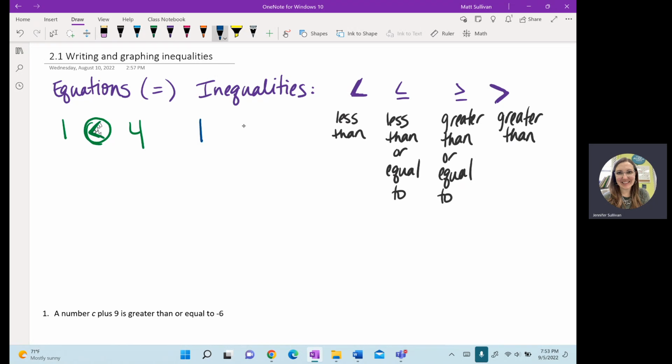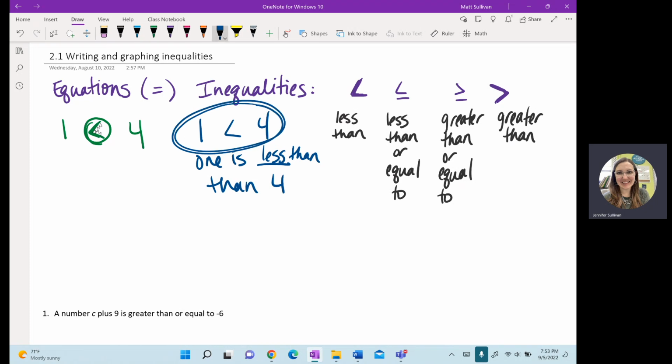If I was going to read 1 is blank than 4, is 1 less than 4 or greater than 4? Well, it's less than. So I started thinking of the name not so much in terms of matching it to the symbol, but more in terms of understanding the relationship with the numbers.